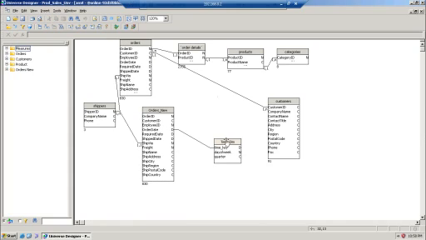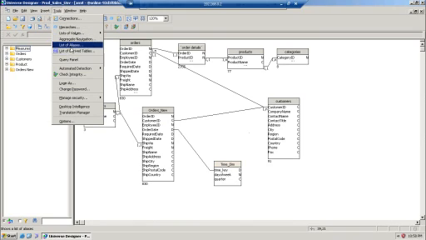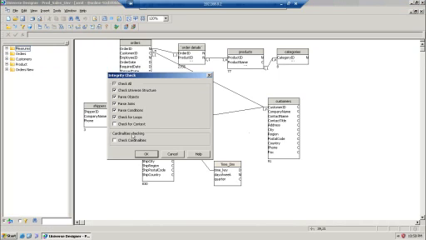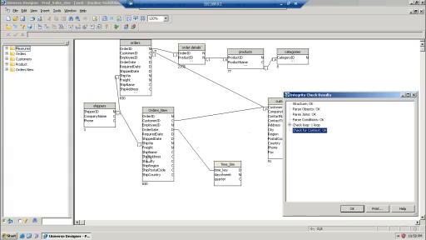So I could have said, okay, this customer ID is also related to this one. Then go to tools, check integrity. It should report that there is a loop, because I see a circle forming. Check loop. So it says one loop.